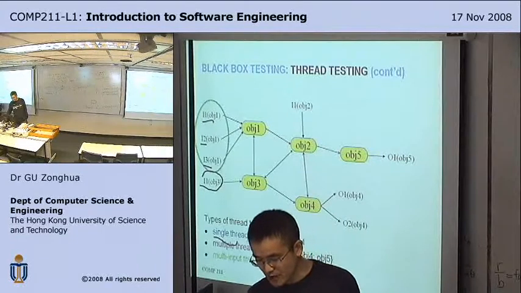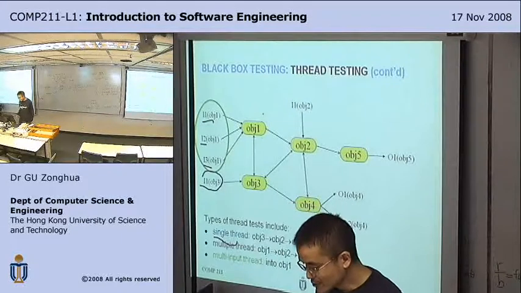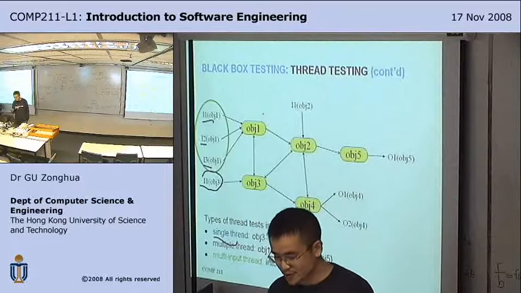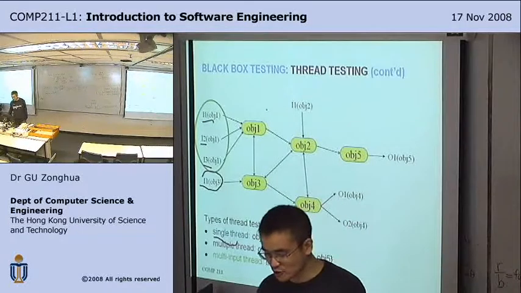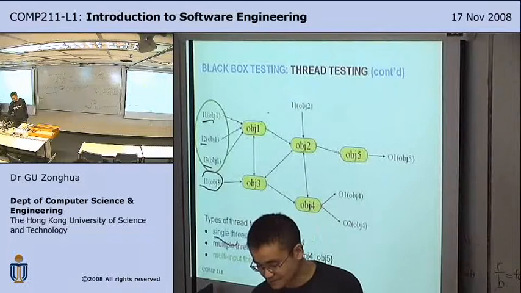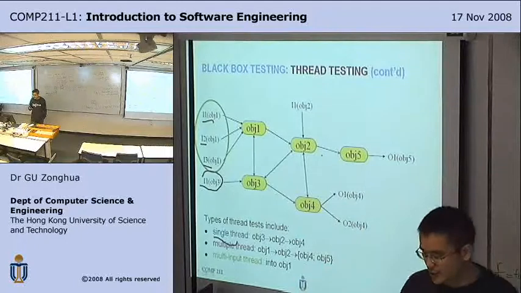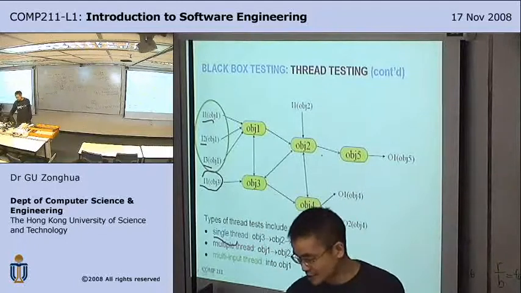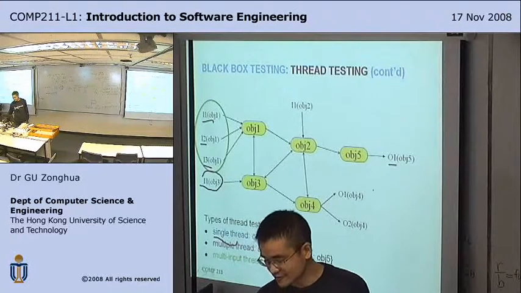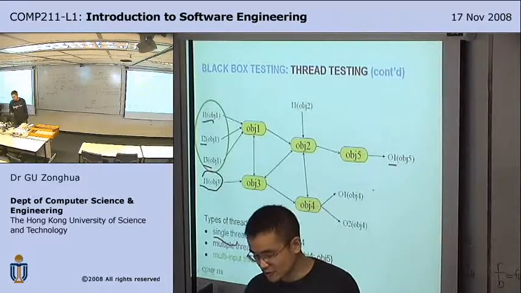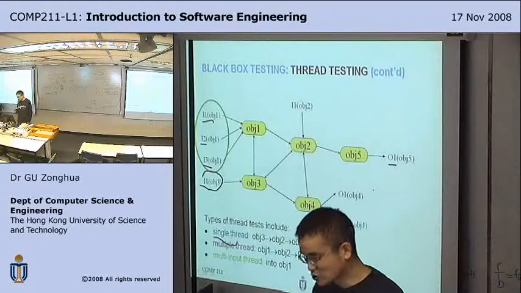And multi-input thread into object 1, where all the 3 inputs must be present to trigger object 1. Object 1 reads all the 3 values before it does its internal computation. And of course, the verification conditions are not specified here. You should essentially compare the output values from the very end of the threads, and also check for any possible deadlocks, mutual exclusion conditions.